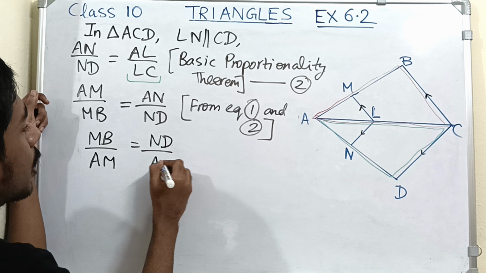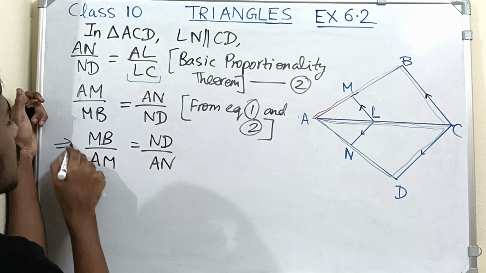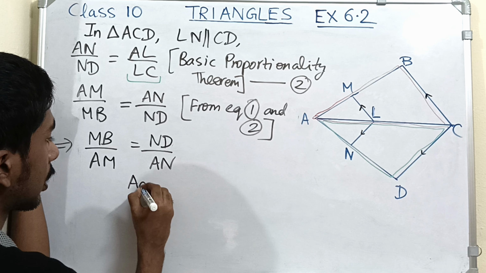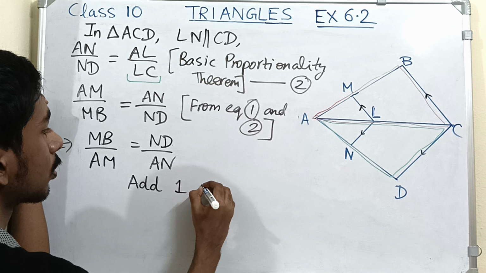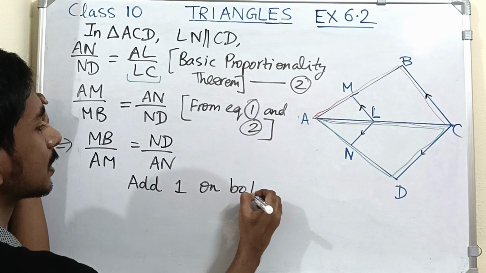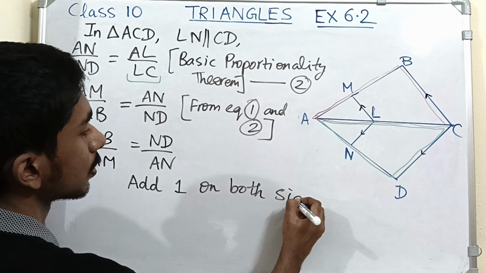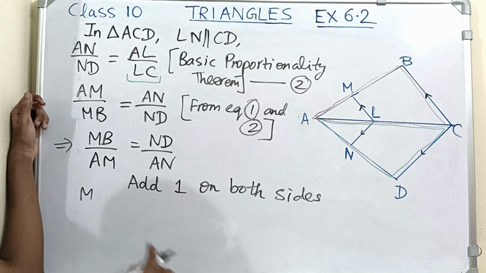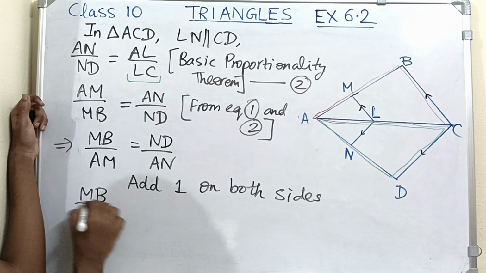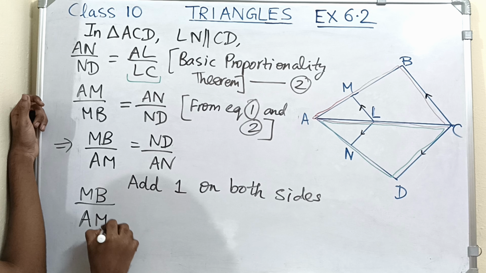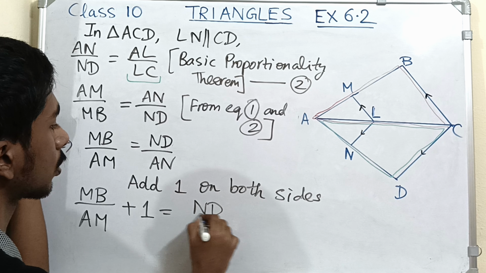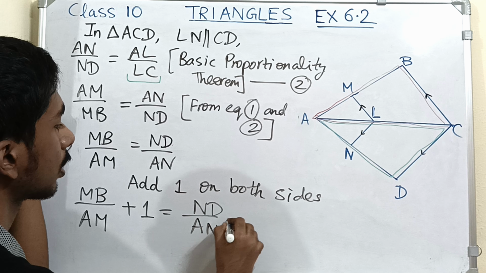This implies, now we will add 1 on both the sides. So MB over AM plus 1 is equal to ND over AN plus 1.